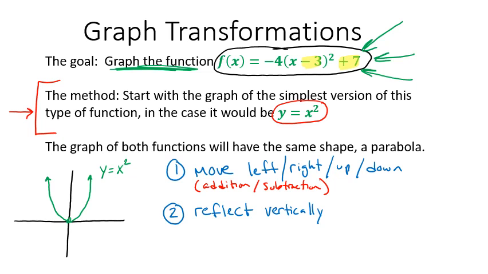So you could reflect vertically or horizontally. Right, functions could be even or odd. So we've already talked about reflecting the graphs of functions. And you reflect or flip the graph vertically or horizontally as a result of negative signs.